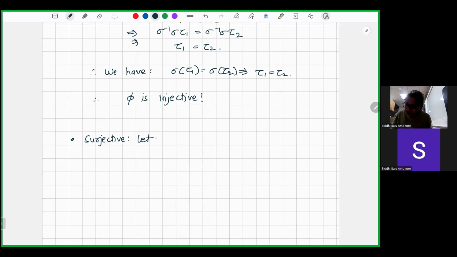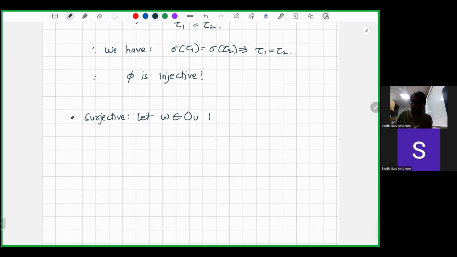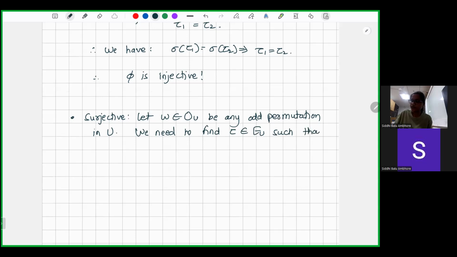So let omega belong to OU, that is, let omega be some odd permutation in U. We need to find tau in EU such that phi of tau is omega.